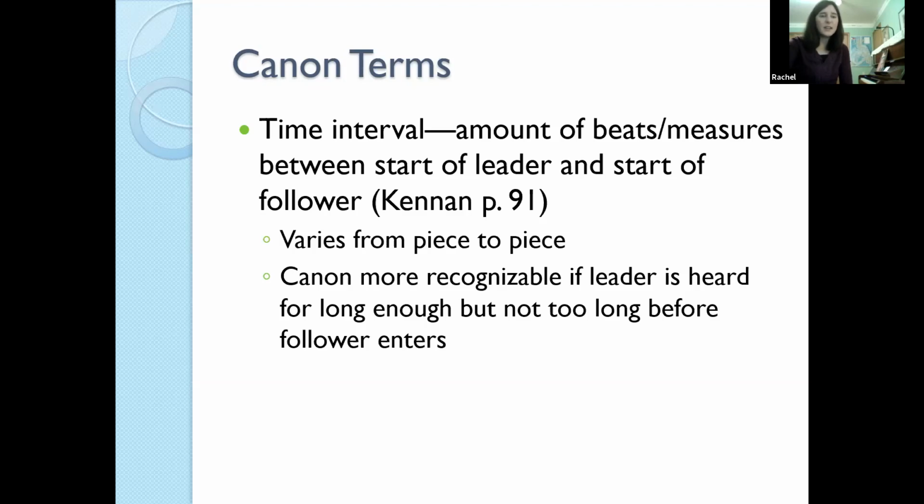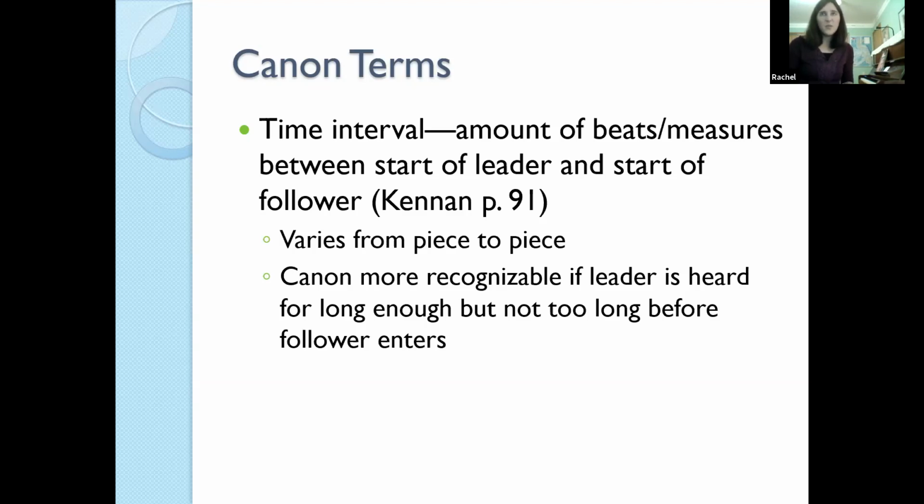So the canon is more clearly recognizable if you've had a long enough time to hear the leader first, okay? Especially if it's not a common melody. If we're doing this with a hymn that you already know, maybe it's going to be more obvious if you're doing a canon. But if this is the first time for people to hear this melody and you give them 2 beats long, in some cases that's going to feel like maybe they don't really get what's going on, okay?